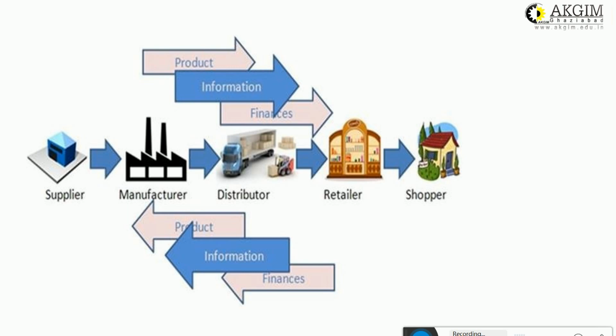But information flows from consumer to supplier as well. So there is a movement of product information and finances from supplier to shopper's end, as well as from shoppers to supplier's end, right? The product information and finances, as well as the product, flow from shoppers to suppliers. We'll talk about reverse supply chain, how product flows from shopper to supplier.